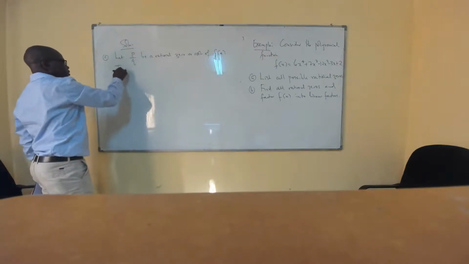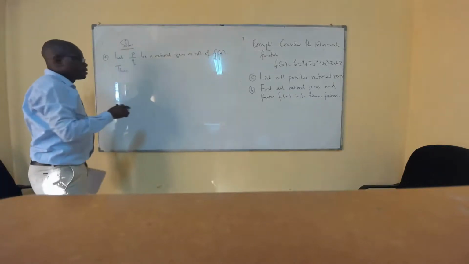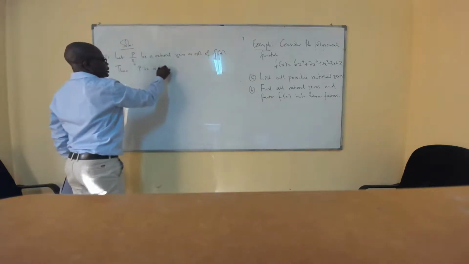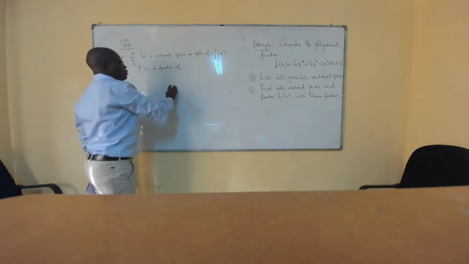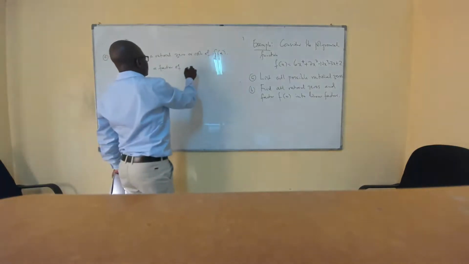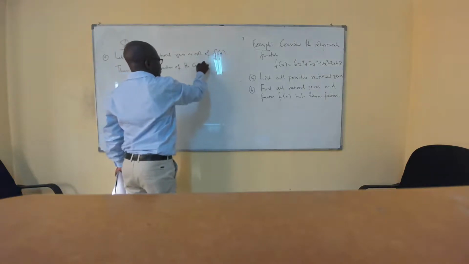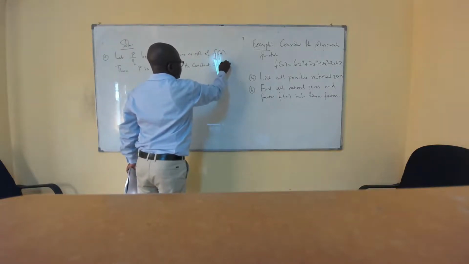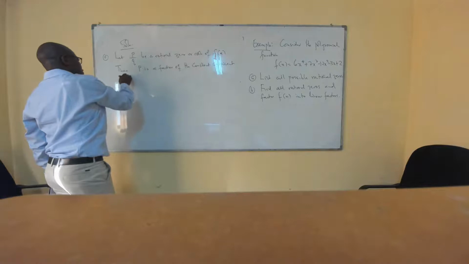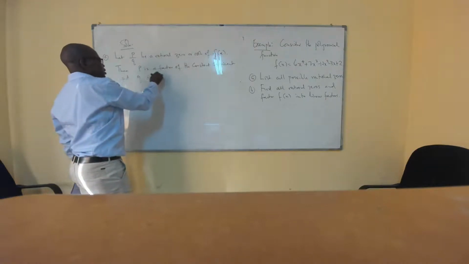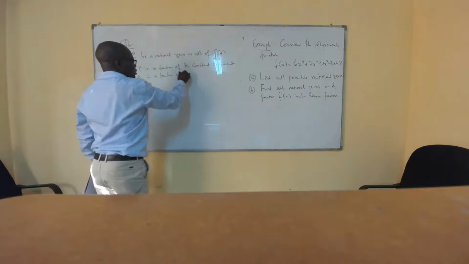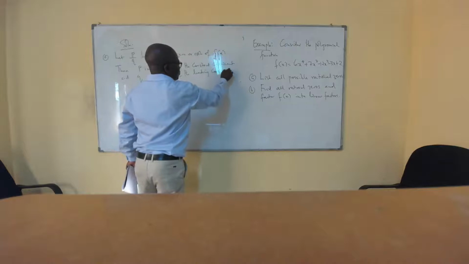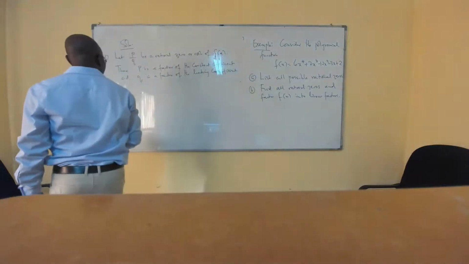Then p is a factor of the constant coefficient, and q, which is the denominator, is a factor of the leading coefficient. Let's see what we are saying.